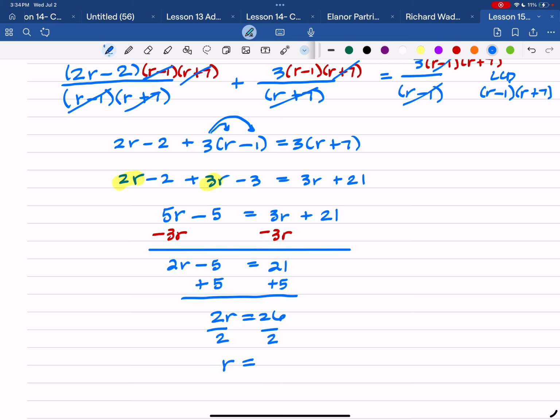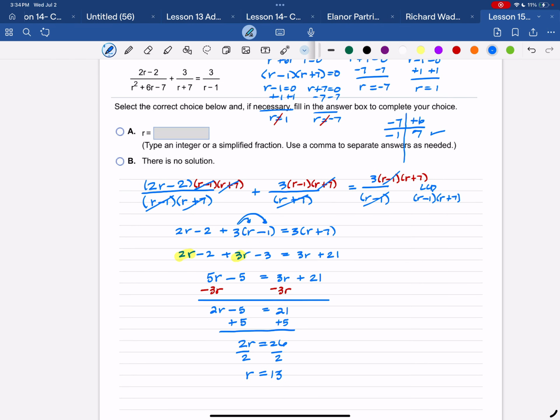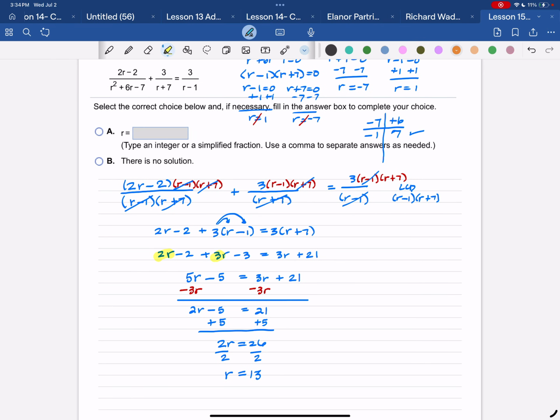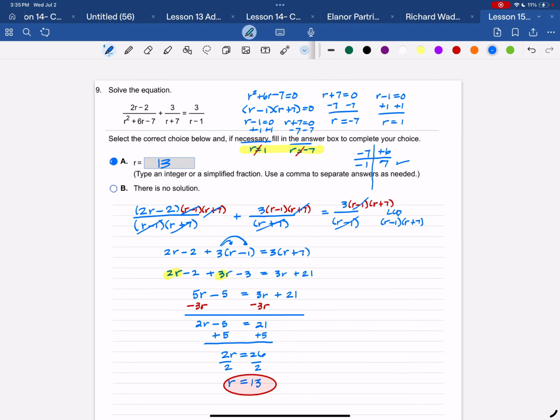R equals 13. Now I'm going to look at my excluded values, 1 and negative 7. Since that is not the answer that I got, r is 13, that means r equals 13 is indeed my answer because it's not one of the excluded values. So r equals 13.